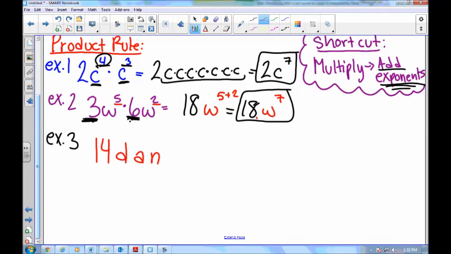There's a time and a place for capitals and a time and place for lowercase. So variables are lowercase. 3, 8, times 2, d, a, n, 4, 2, 5.